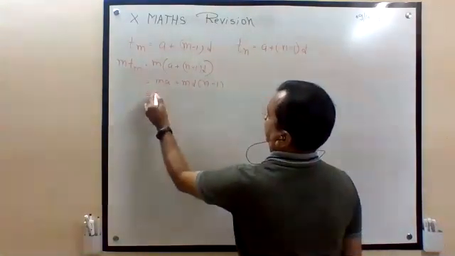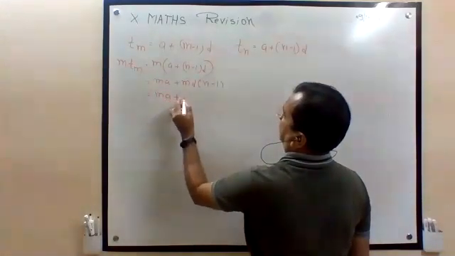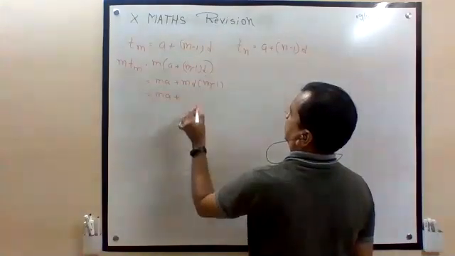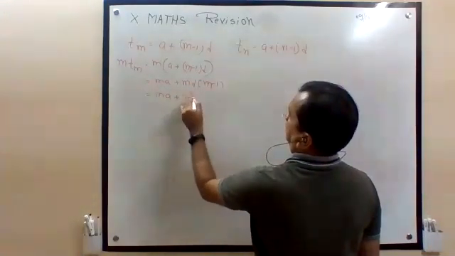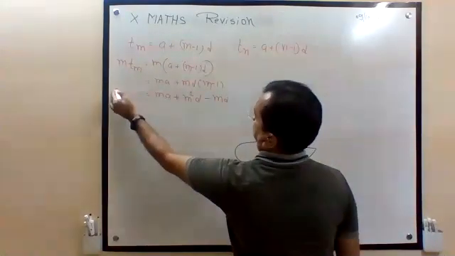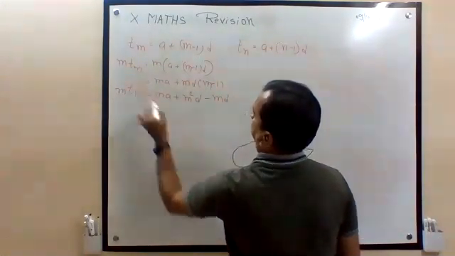Open the bracket: ma plus m square d minus md.